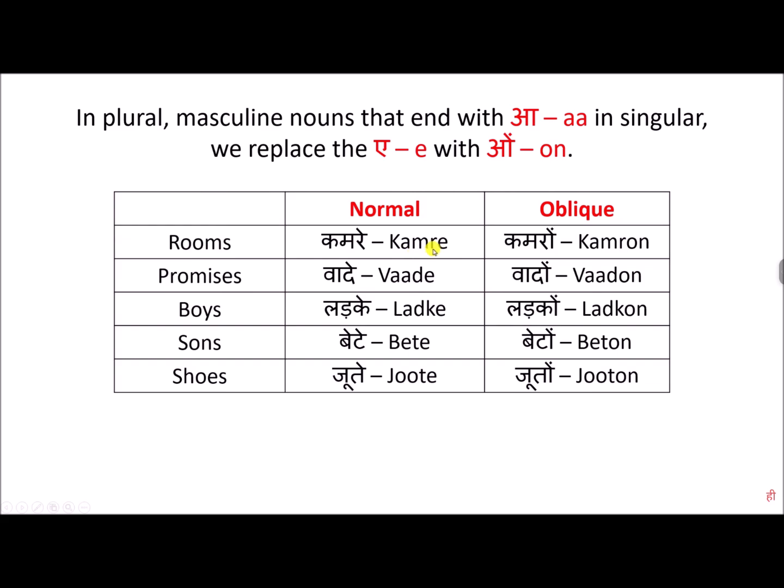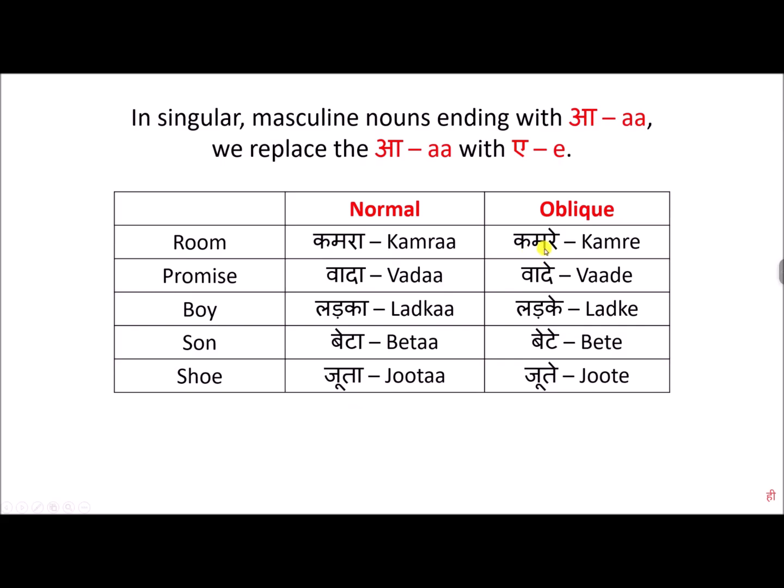Now this kamre is the oblique form of singular room. Room is kamra and the oblique form of kamra is kamre.